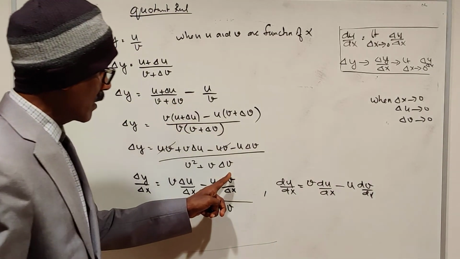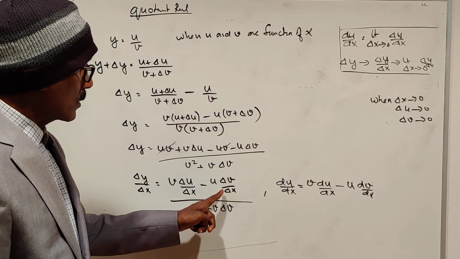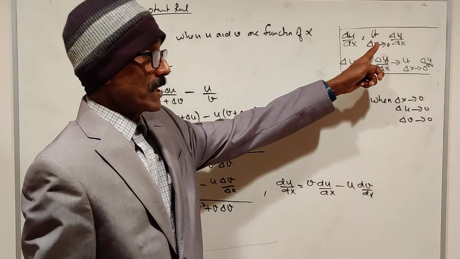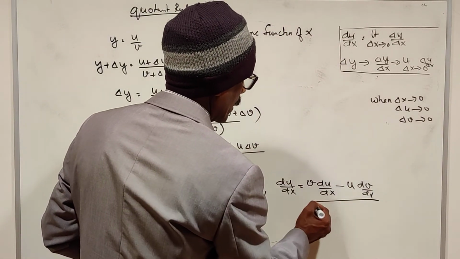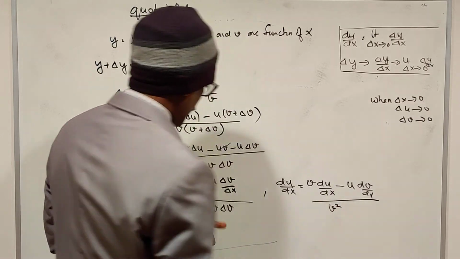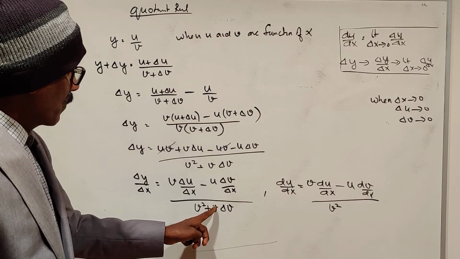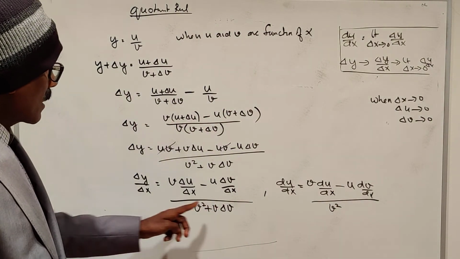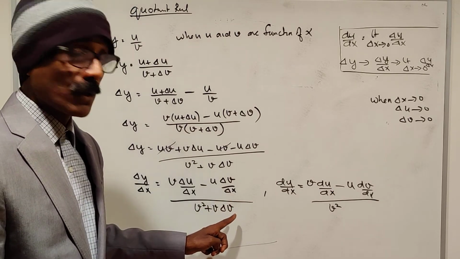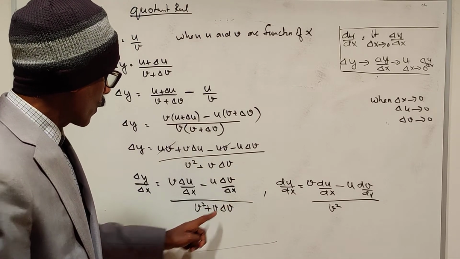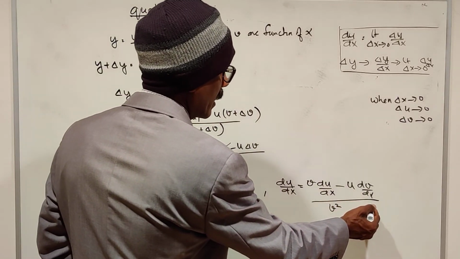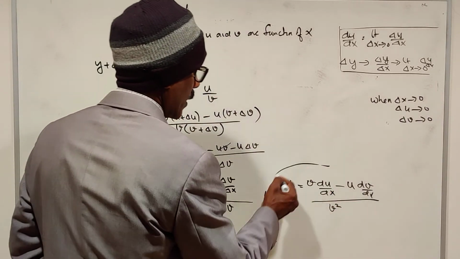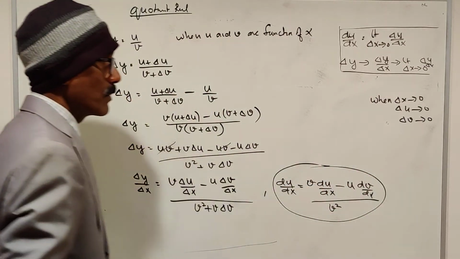Delta v by delta x, when delta x tends to 0, is the definition of dv by dx, divided by v square plus v into delta v. Delta v also tends to 0, v times 0 is 0, so this term gets cancelled and only v square remains in the denominator. So this is the formula. Very important formula.